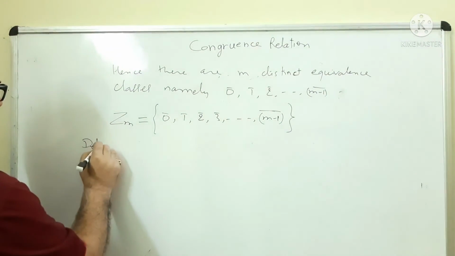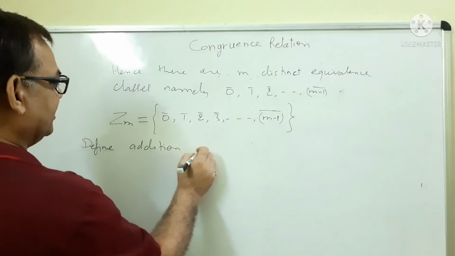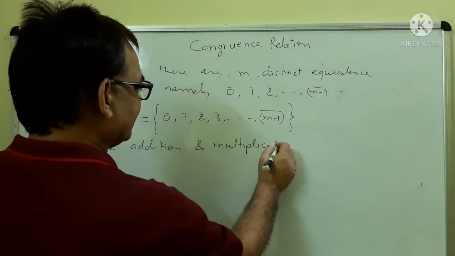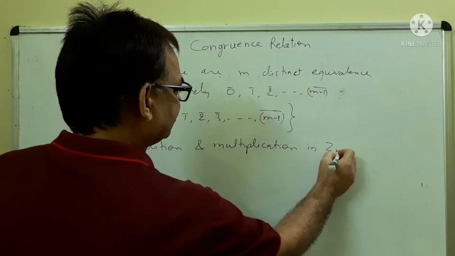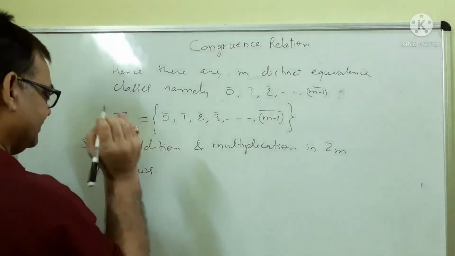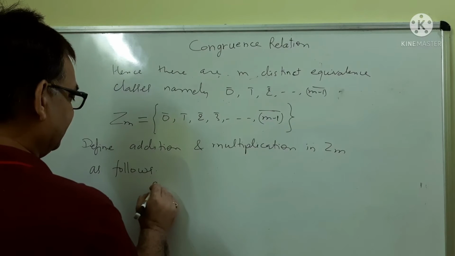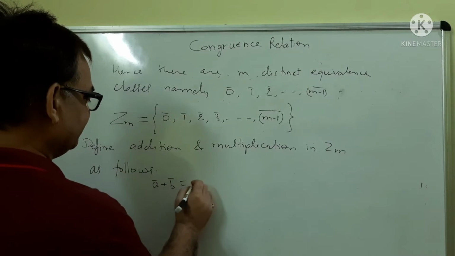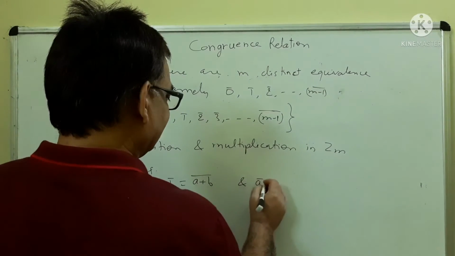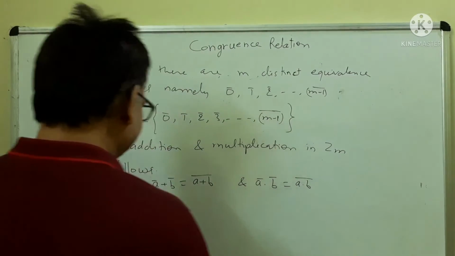Define addition and multiplication in Zm as follows. a bar plus b bar is equal to a plus b whole bar, and a bar dot b bar is equal to a dot b whole bar.